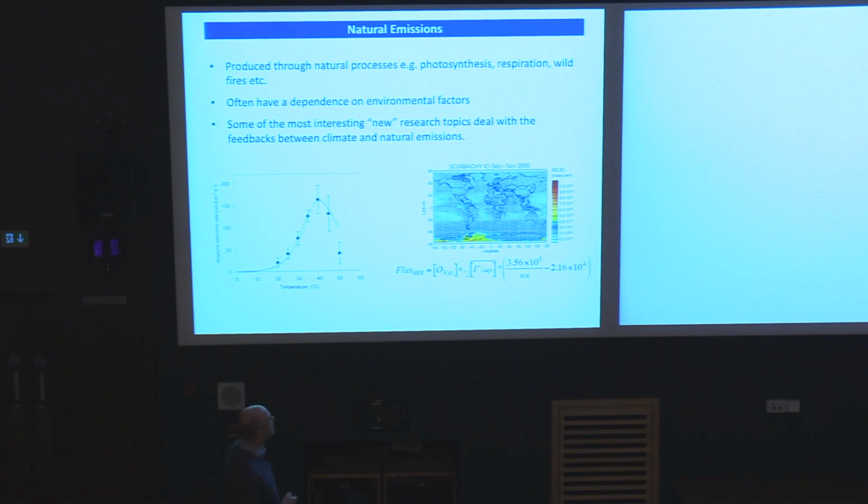Here, iodine fluxes from the ocean are dependent on various factors. Yes, so a large part of the research focus at the moment on emissions is how natural emissions are likely to change under changed climate conditions. Right.